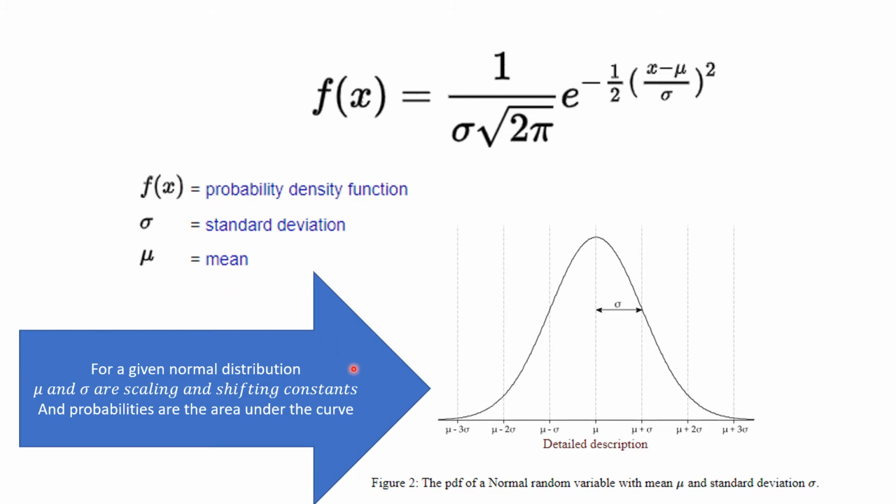And so please observe and have in mind that for a given normal distribution, both mu and sigma are scaling and shifting factor constants up here, and that the probabilities are the area under the curve. So that's all the statistics you really need to know to do the problem, although you will be doing some calculus doing the problem.